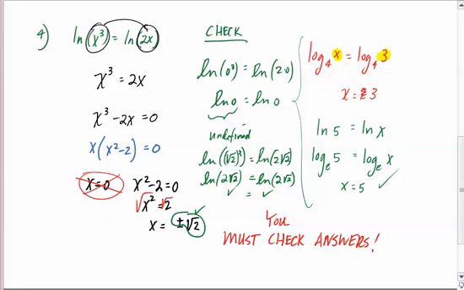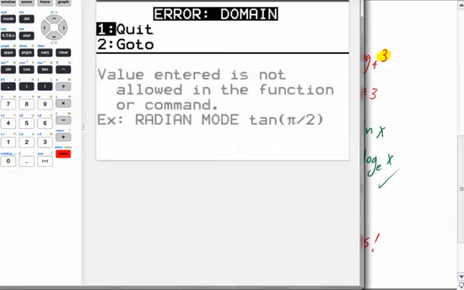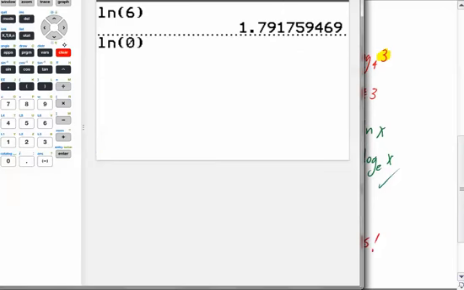Let's check the very last one. Okay? I'm going to put it right over here. I have the natural log of negative radical 2 to the third power, and then we have natural log of negative 2 radical 2. Do you remember what happened? Let's go back to the calculator.